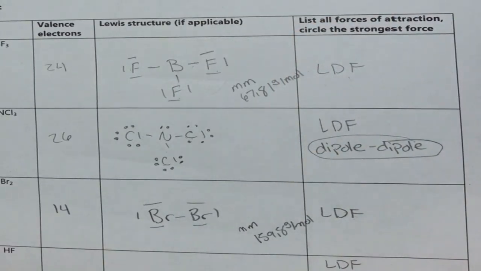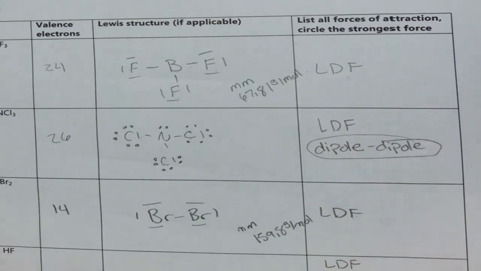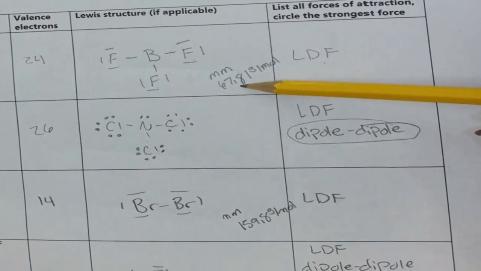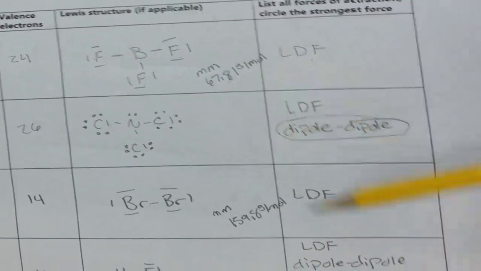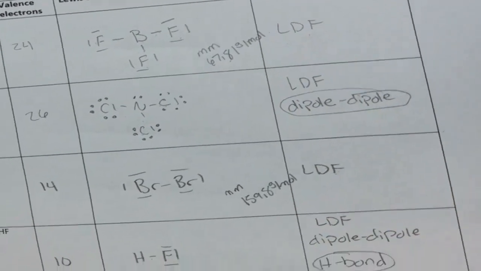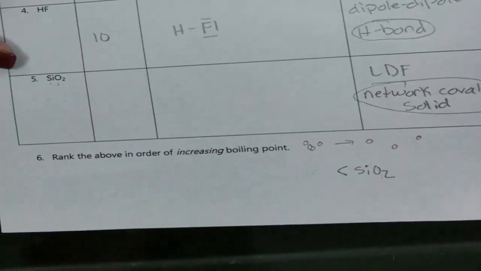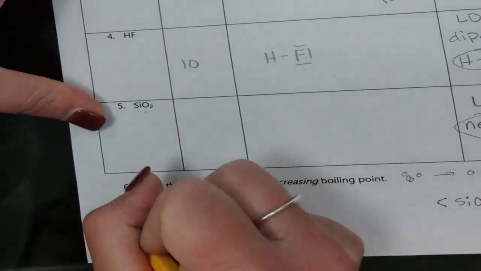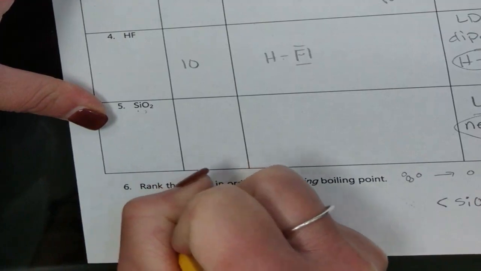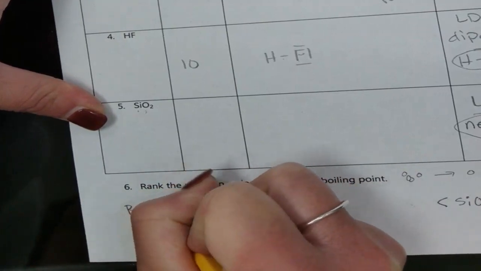If you are unsure of how to determine molar mass, you need to go watch my video on molar mass. 67 is a smaller molar mass than 159, so BF3 is going to be ranked as the smallest. BF3 is smaller than bromine.